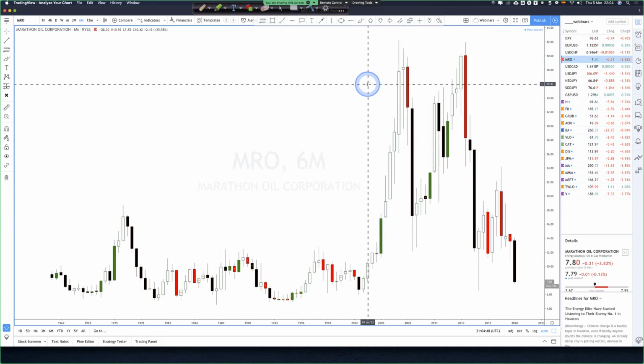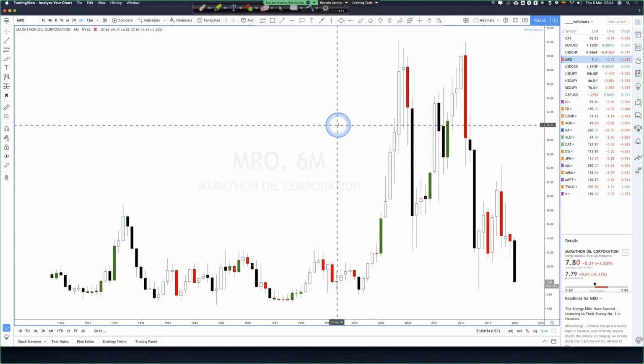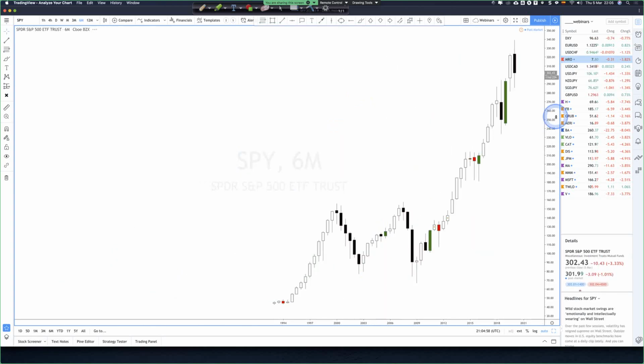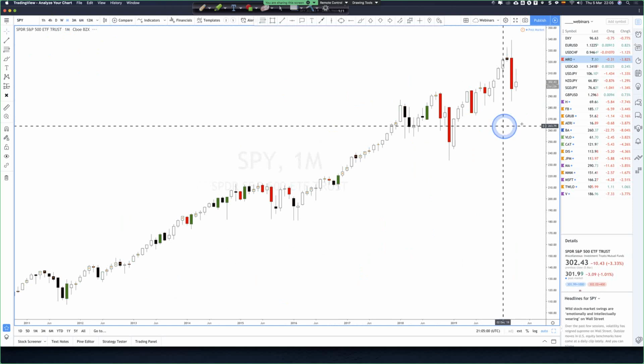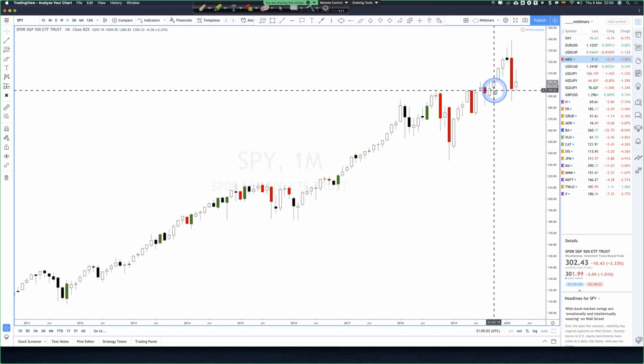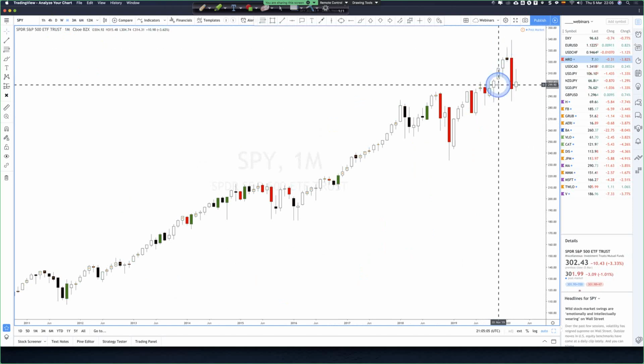So the market's going to crash. When? I don't know, but it's going to crash. The S&P 500 monthly area of demand, let me take a look at SPY, could be eliminated anytime soon with this attack. But right now it's still holding.